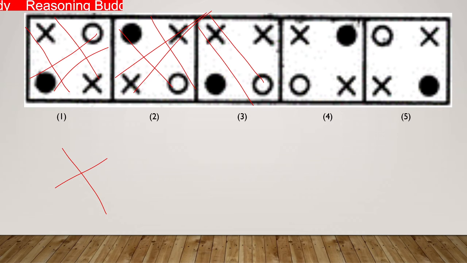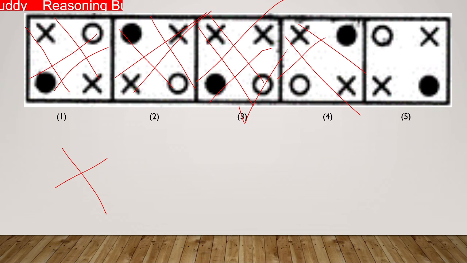But in this figure you can see these are not on the same vertical line. So figure 3 is the odd man out, and figure 4 also is vertical, and figure 5 is also vertical. So figure 3 is the odd man out.